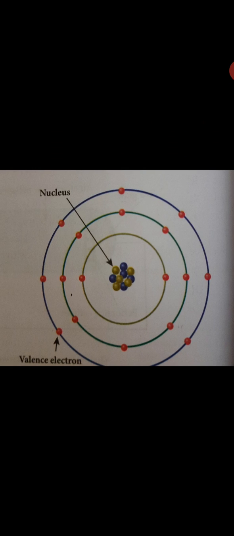For example, helium has 2 electrons in the outermost orbit and is chemically inert. Neon is chemically inert because it has 8 electrons in the outermost orbit.